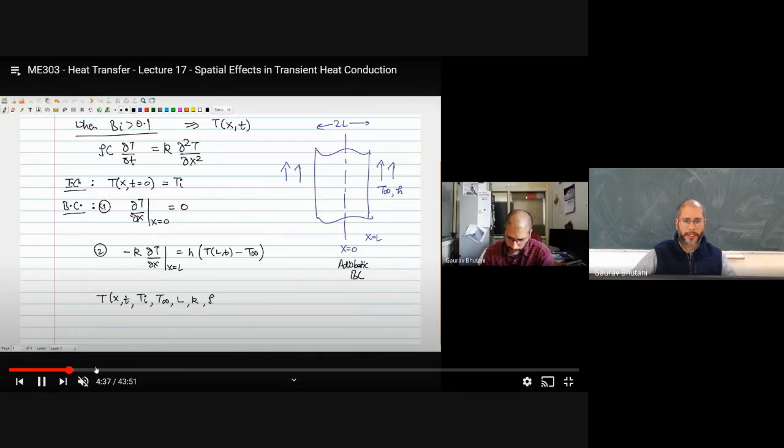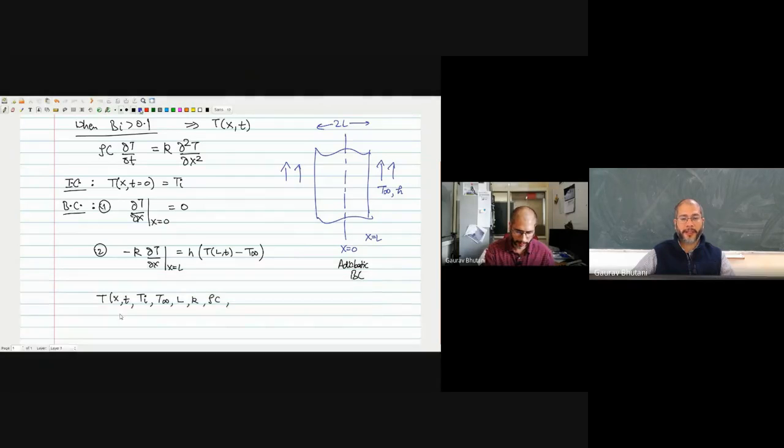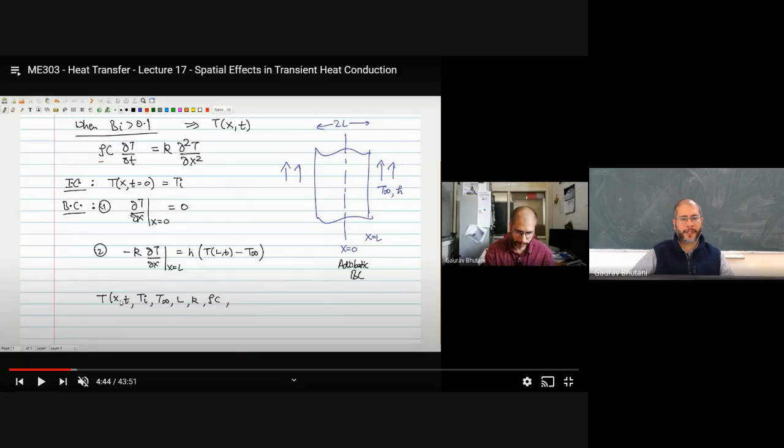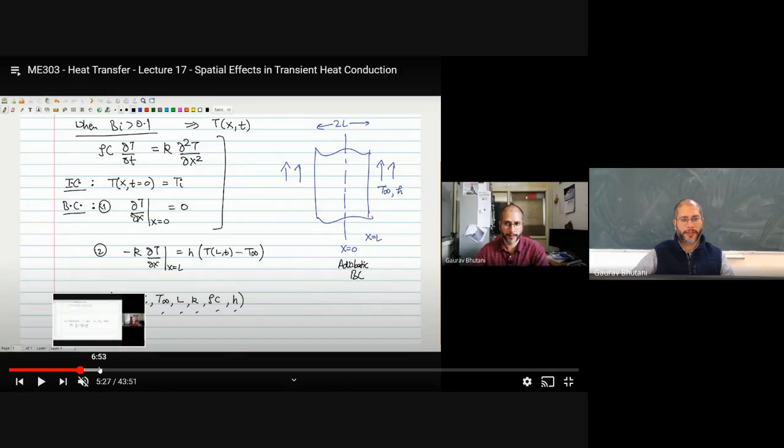And we also saw that the dependence of temperature, when written in a dimensional form, is dependent on the x and t values. Plus, it also depends on the initial temperature of the solid body, the temperature of the fluid that's cooling it or heating it, the characteristic length of the system, the thermal conductivity, and the value of rho c along with the h value. So there's a lot of dependence.